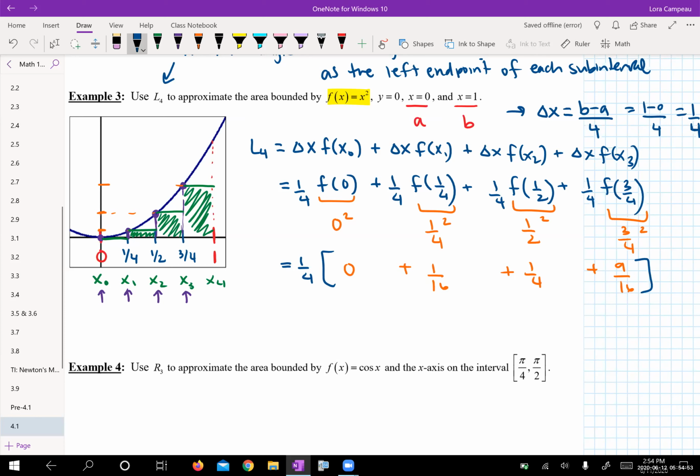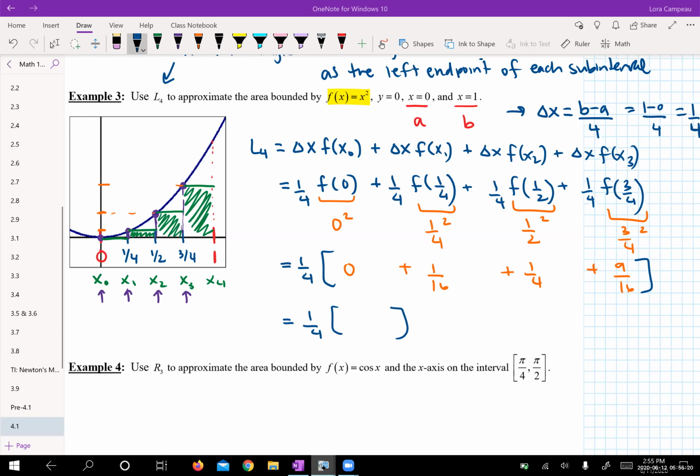And so now it's a matter of us adding our fractions. And if we do that, maybe we pull up our TI because we have a lot of brain power we have to worry about. 1/16, I mean, not too bad. What, 10/16 plus 9/16. Let's pull up our TI. Our brains have to deal with so much.